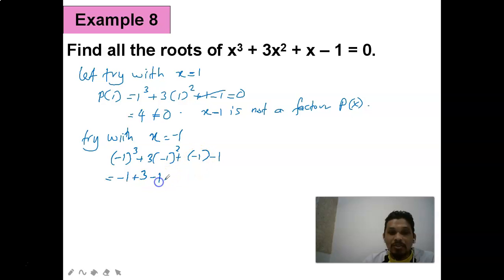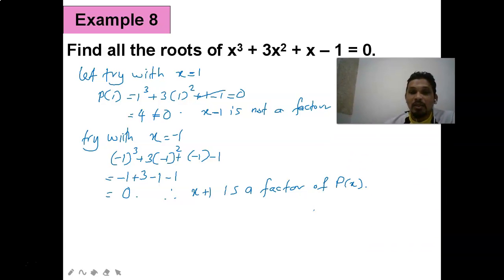Negative 1 minus 1 minus 1, then it equals 0. So then x plus 1 is a factor of polynomial P(x).